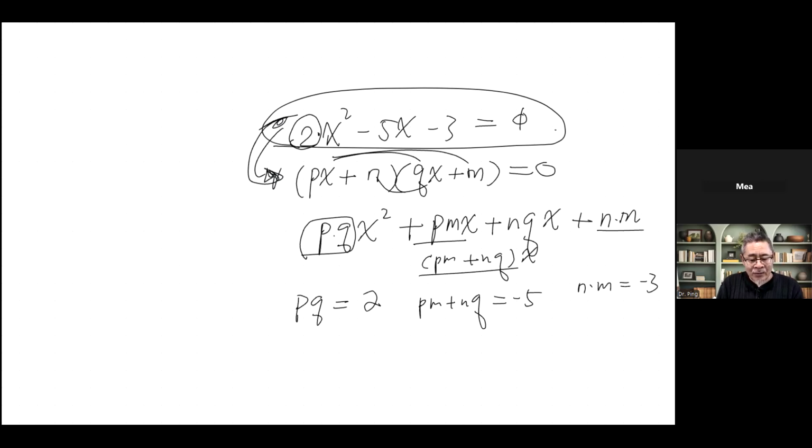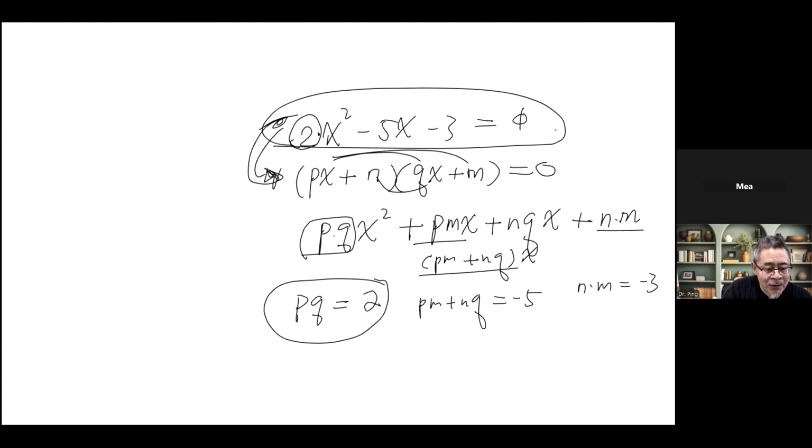Okay, so that's how we find p, n, q, m: p times q is 2, pm plus nq is -5, and n times m is -3.